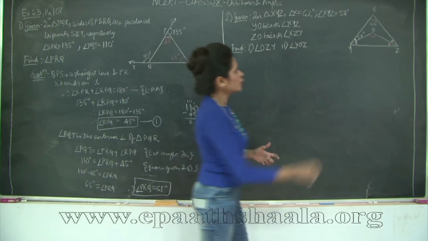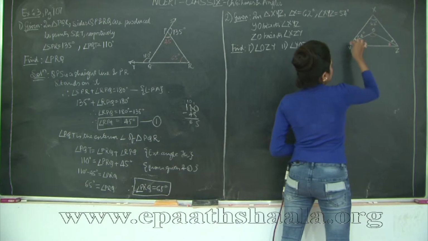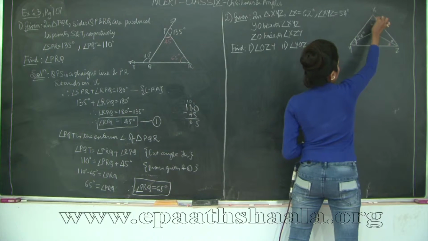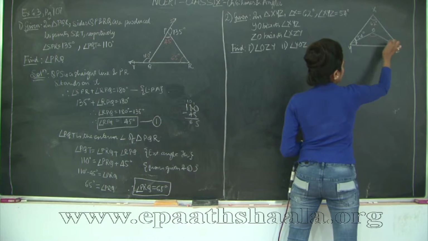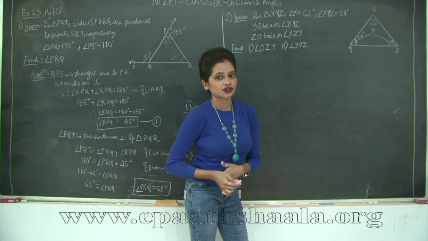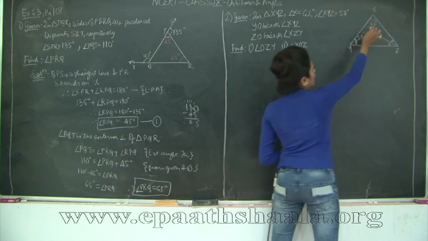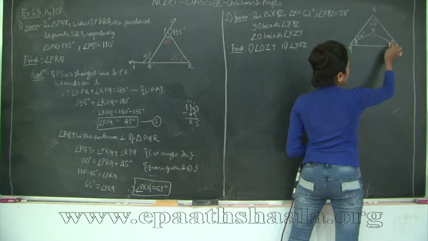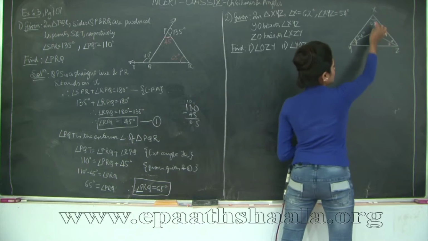So first of all, consider this entire triangle XYZ, correct? Angle X plus angle Y plus angle Z is going to be 180 degrees through the angle sum property of a triangle. You have 62 degrees, you have 54 degrees for this, and 180 degrees is the sum of this plus this plus this.